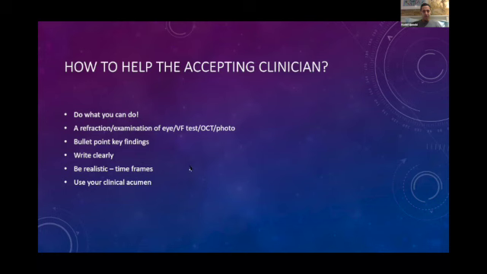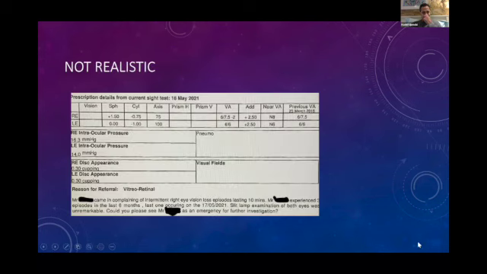Yeah. So this is an example of a not realistic referral, quite a recent one actually. Patient came in complaining of intermittent bright vision loss episodes lasting 10 minutes, experienced 3 episodes in the last 6 months, the last one occurring a day before this referral. Slit lamp examination was unremarkable.